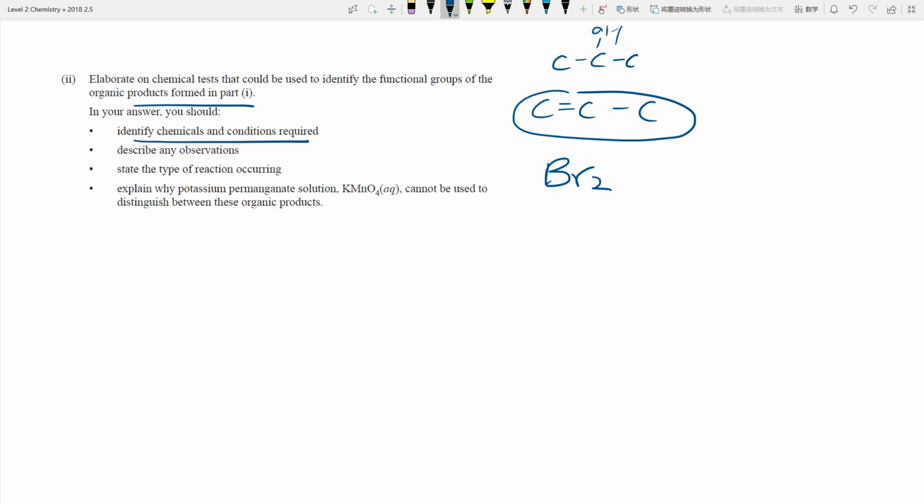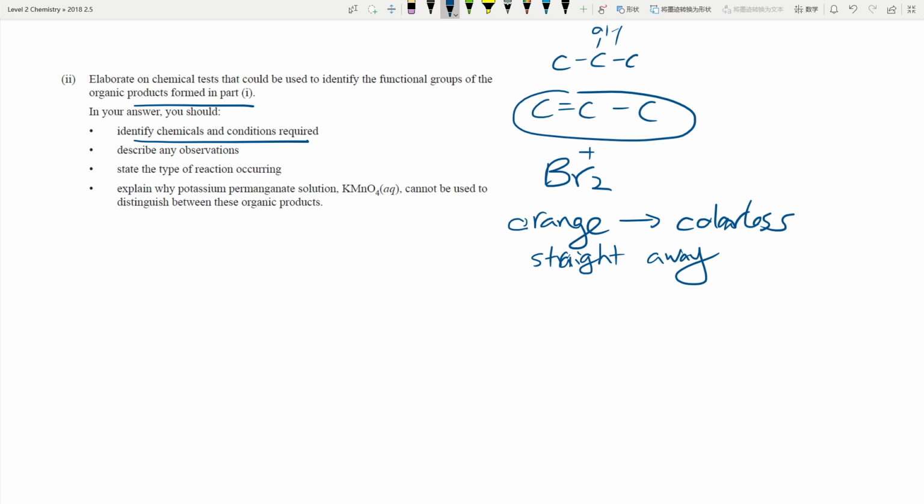If you react this with bromine water, you will have an orange to colorless color change. No need to name other colors, that's already a color change. And this happens straight away. We did this in part 2 of the video. I just did it 5 minutes ago.